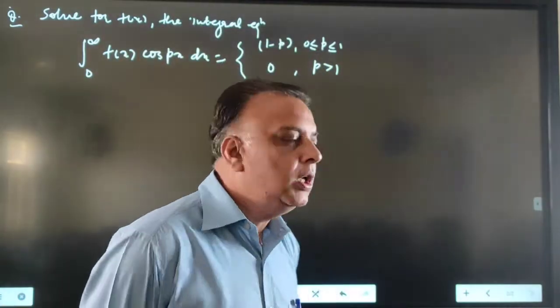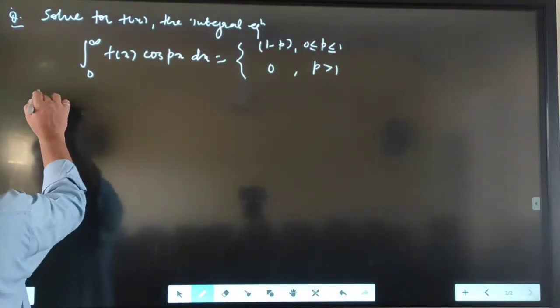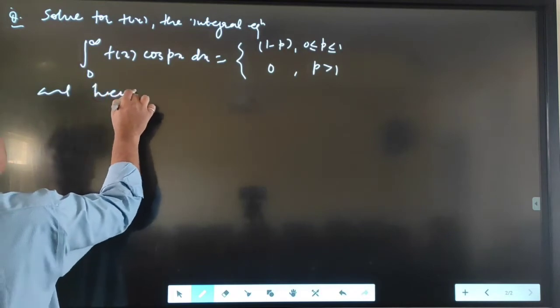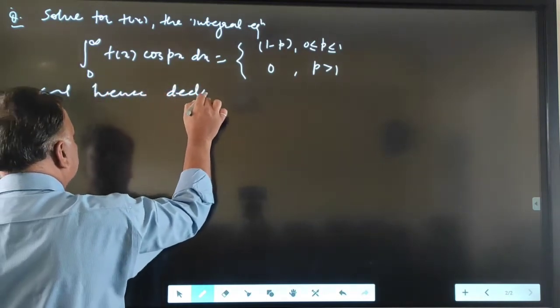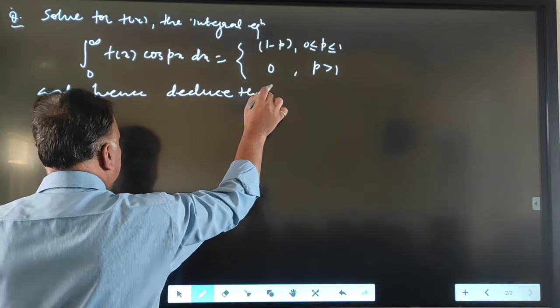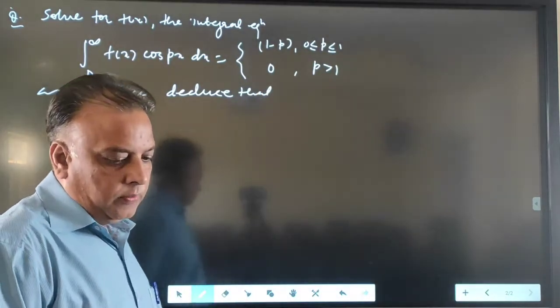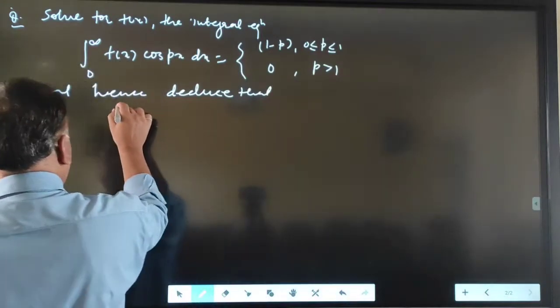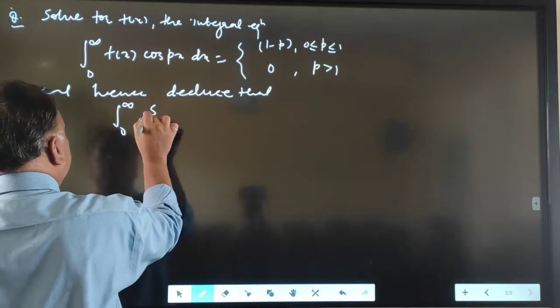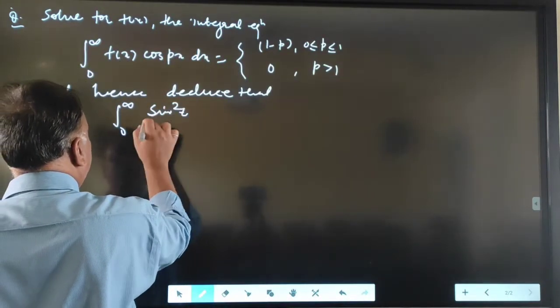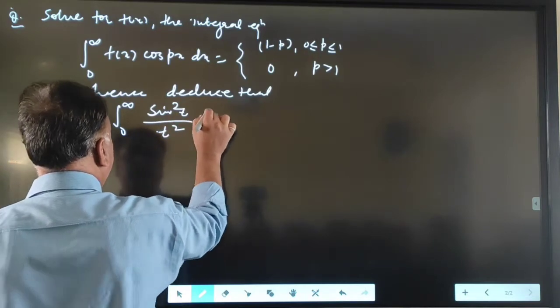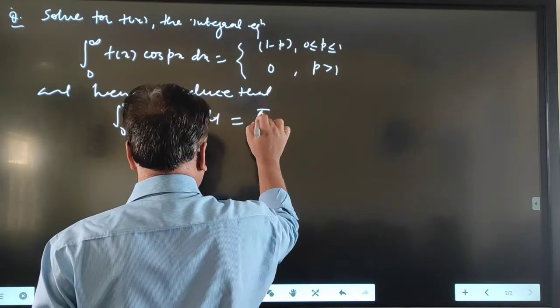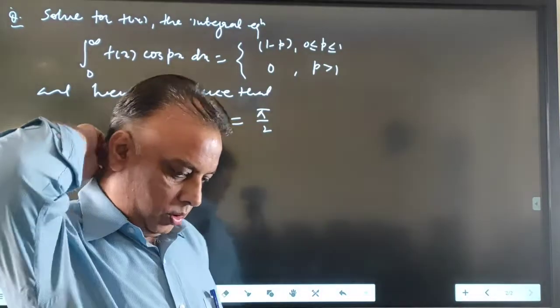First we have to solve this integral equation and hence deduce that integral 0 to infinity sin square t upon t square dt is equal to pi by 2.